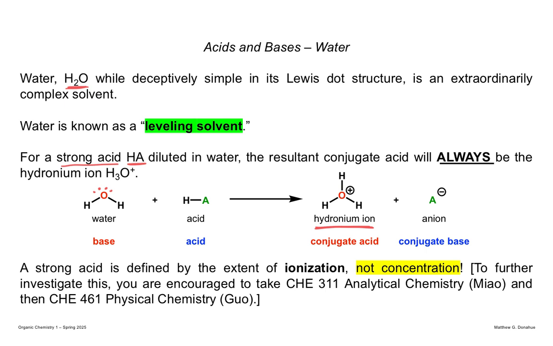Because you can have a very strong acid at a low concentration, but it's still completely ionizing. So if you're a chem major, you'll learn more about the nitty-gritty of that in analytical chemistry, and then you'll actually apply higher level math to it in physical chemistry. So that's the general situation there, HA.